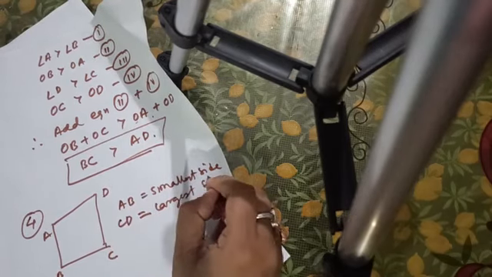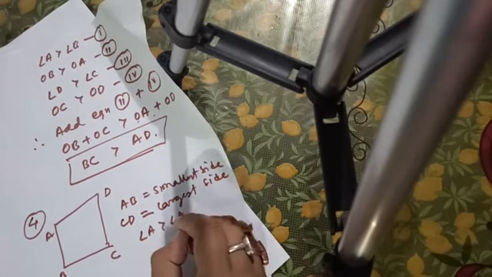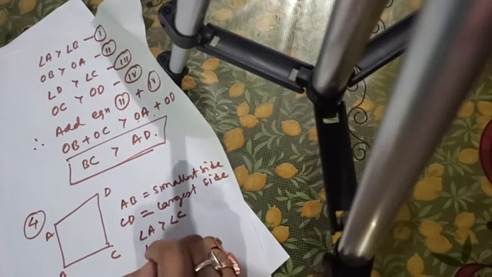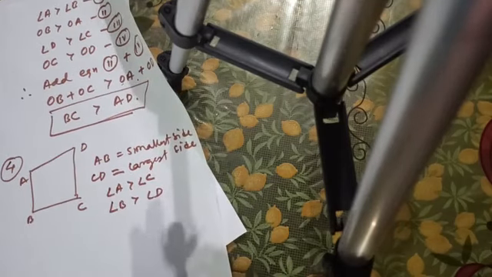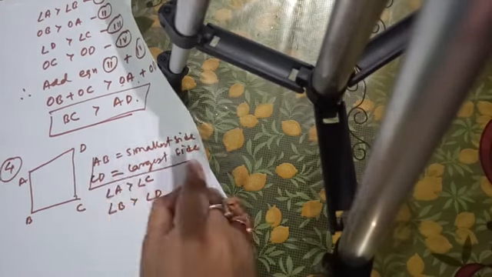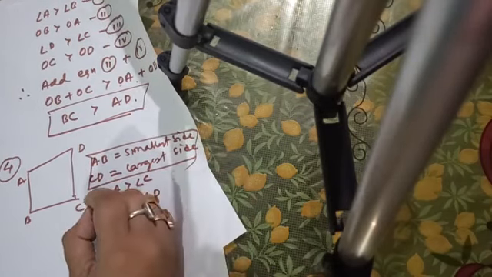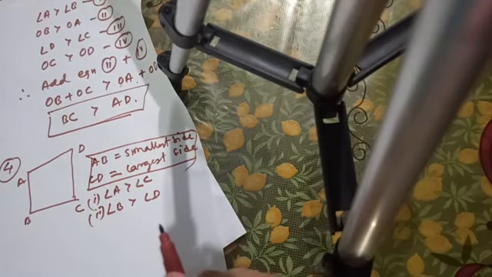We need to prove that angle A is greater than angle C and angle B is greater than angle D. This information is given to you, and we have to prove it.